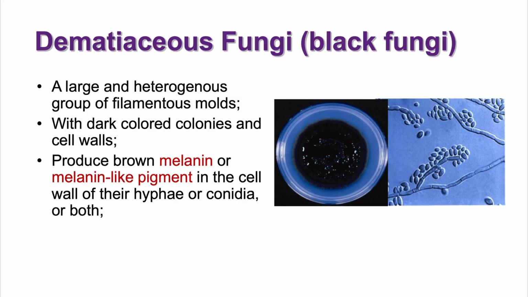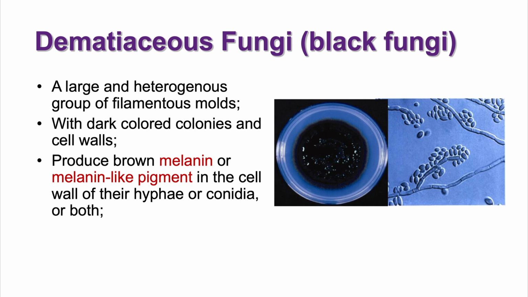Dematiaceous fungi, so-called black fungi, as you already know, are a large and heterogeneous group of filamentous molds, which are distributed very widely in nature. You may see them everywhere, but the characteristics of this group of fungi are dark-colored colonies and dark cell walls.